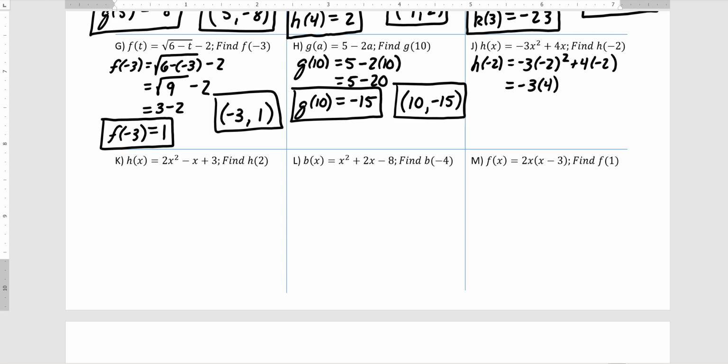Negative times a negative gives me a positive. And then I need to do this multiplication. Negative 3 times 4 is negative 12. 4 times negative 2 is negative 8. Negative 12 minus 8 would give me negative 20. So h of negative 2 equals negative 20. There it is in function notation. And now as a coordinate pair, (negative 2, negative 20).